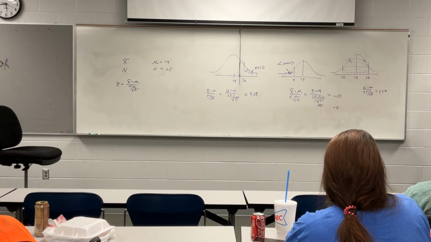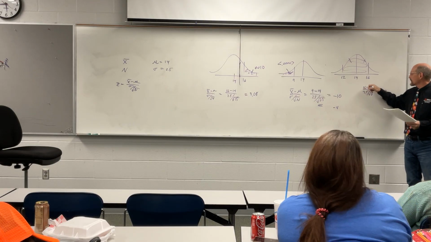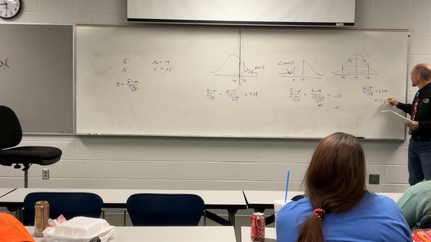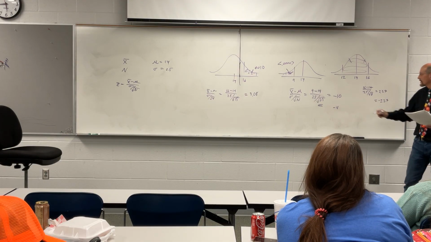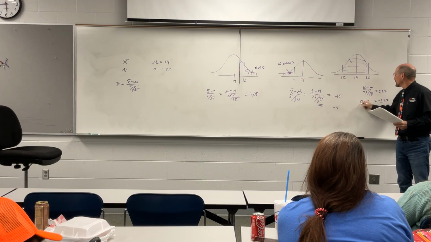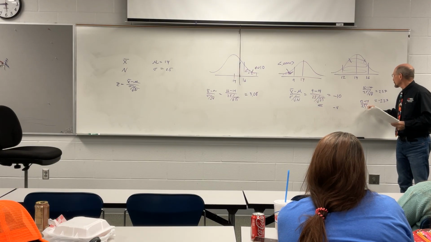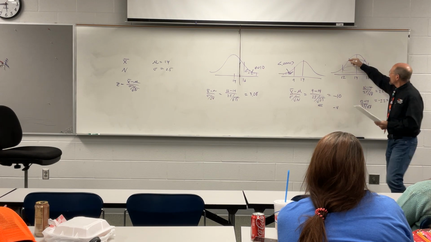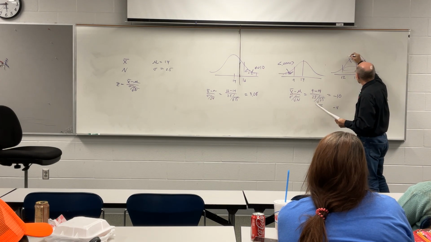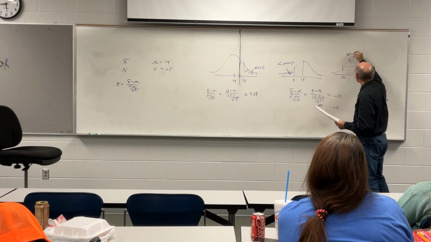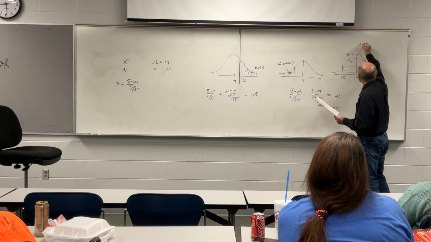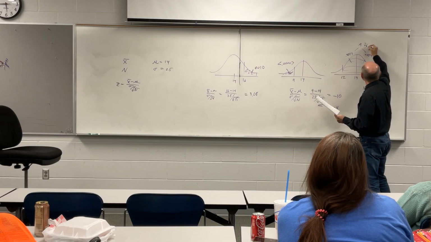If you do the 12 minus the 14, divided by the same thing, you get a negative 2.27. And you recognize, hey, those two values are symmetrical. They'll have the exact same area. The area for both is 0.4884. So you add them together, you get 0.9768.